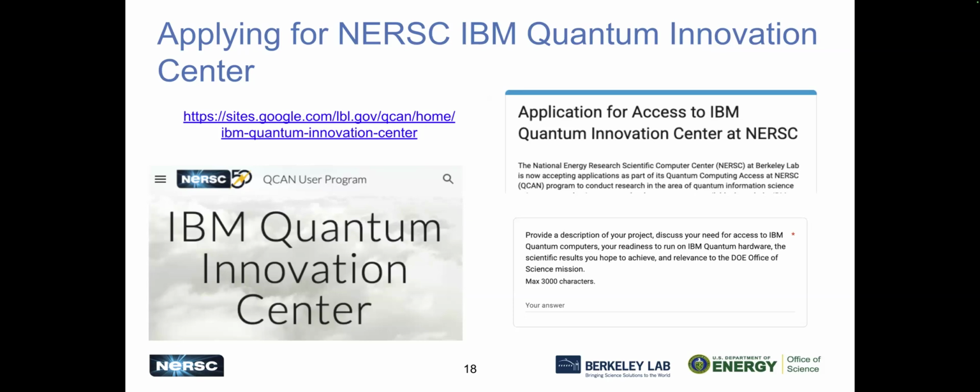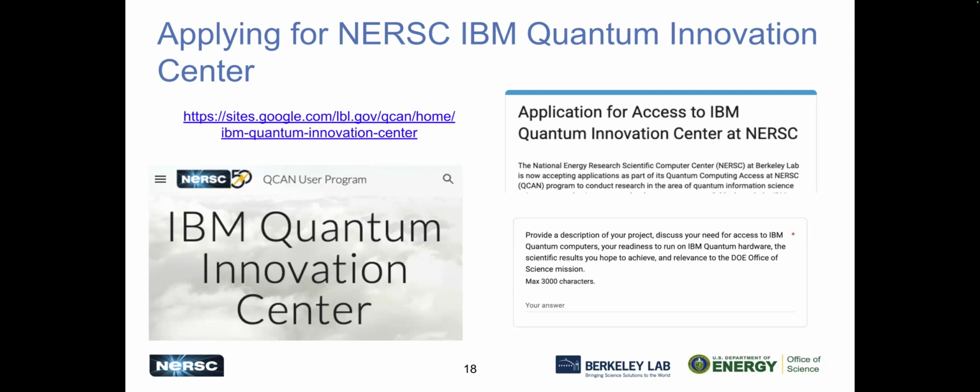this is the link of the website, which has more information about the program and the actual form to apply. The proposal application is relatively lightweight. We ask for a 3,000 character description of your project, why you need access to IBM quantum computers, and how ready you are to run your application on quantum computers.